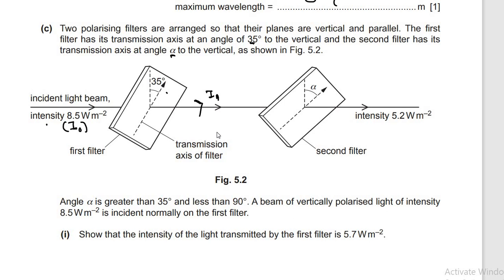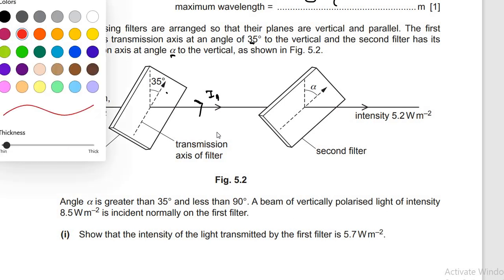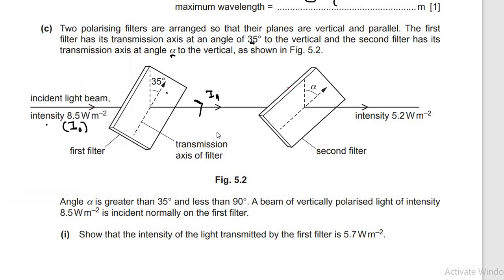This I1 will enter the second filter as another I0, and produce another transmitted intensity of I2. Let me stick to that step. I'll come back to this.